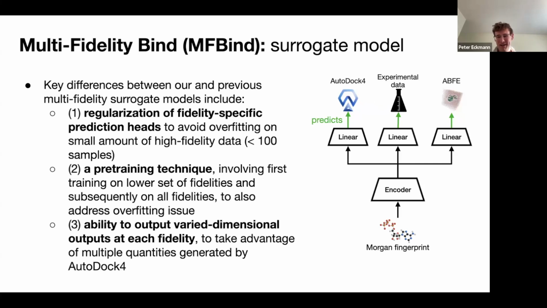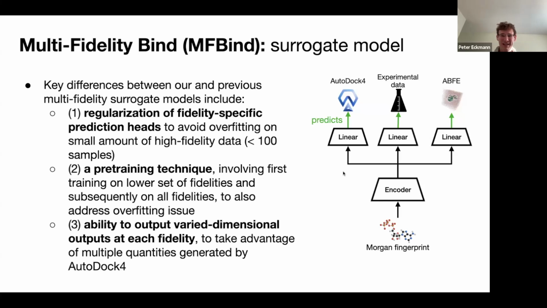And the reasoning behind this is that without pre-training, we found that trying to predict the small amount of ABFE data that we have, so less than 100 samples, overly influenced the compound encoding, which led to poor generalization. So you can think of it, we have overfitting not just at the fidelity-specific prediction heads, but also we overfit the encoder because we have so little ABFE data.